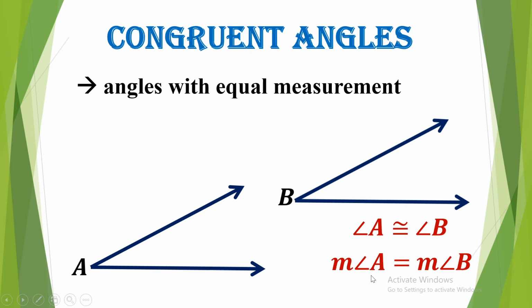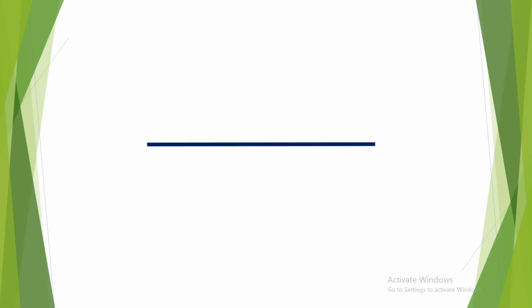So measurement of angle A is equal to the measurement of angle B. So take note, the measurement of an angle in symbols is a small letter m written before the name of the angle. So that's all about congruent angles.